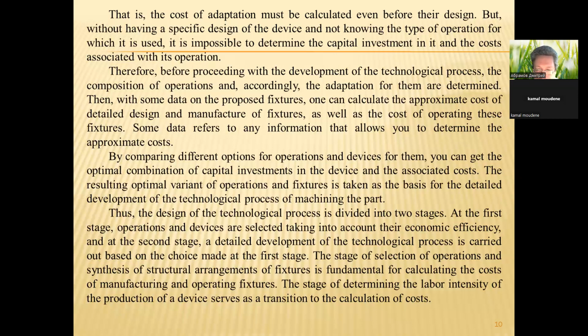The stage of selection of operations and the synthesis of structural arrangements of fixtures is fundamental for calculating the costs of manufacturing and operating fixtures. The stage of determining the labor intensity of the production of a fixture serves as a transition to the calculation of costs.